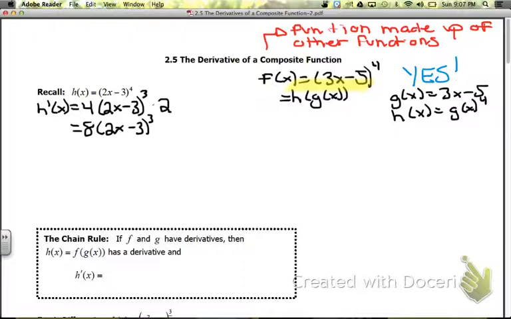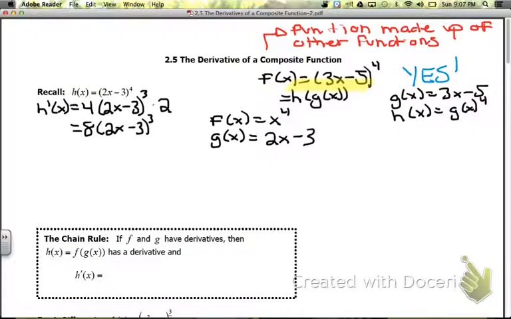So let's say I have an f of x, which is equal to x to the power of 4, because that's going to be our outside term. And our g of x is going to be equal to 2x minus 3.